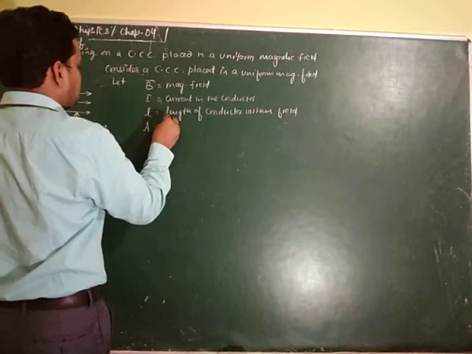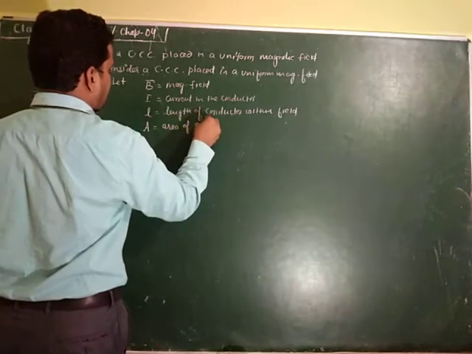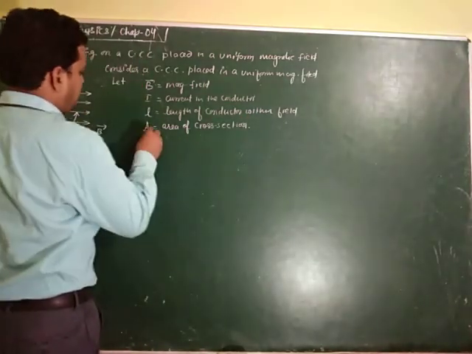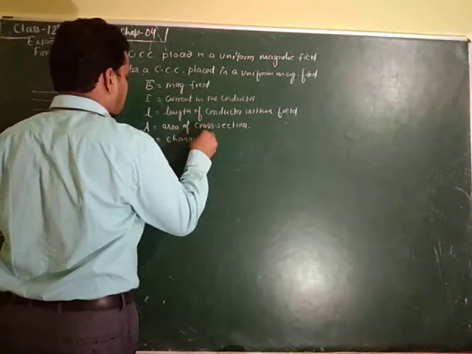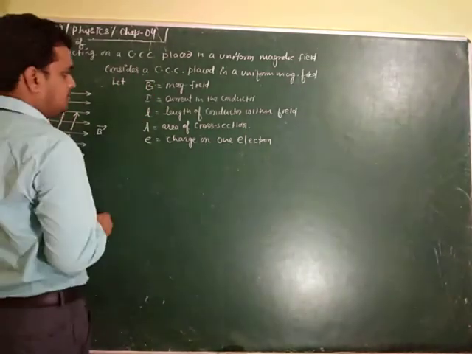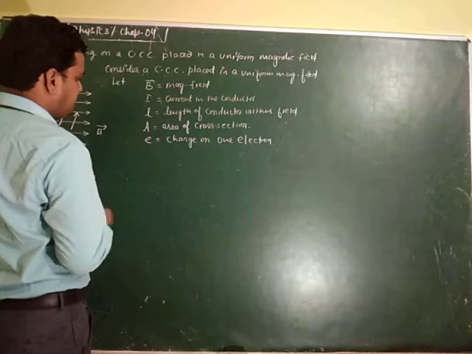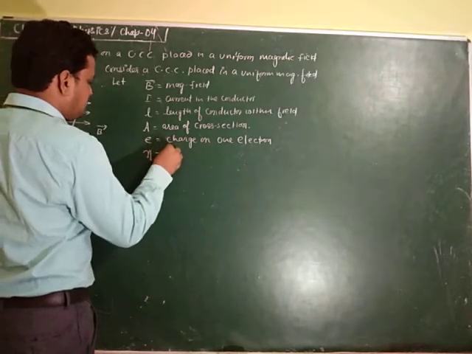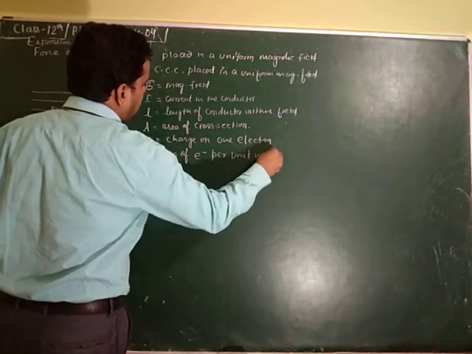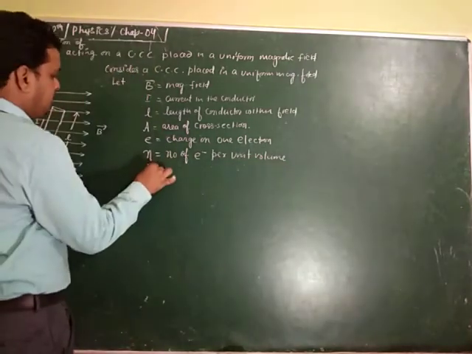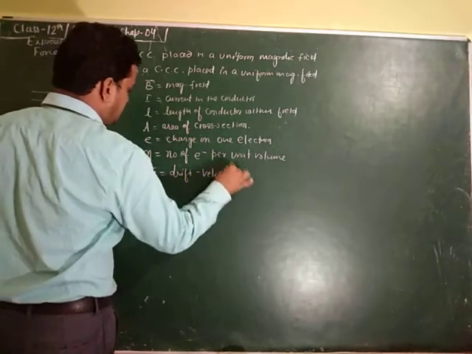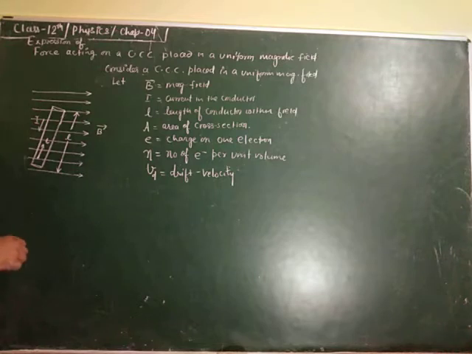A is equals to area of cross section. E is equals to charge on one electron, as you know already. Small n is equals to number of electrons per unit volume. Vd is equals to, what is Vd? You have studied in chapter number 3, drift velocity. So these are the data.